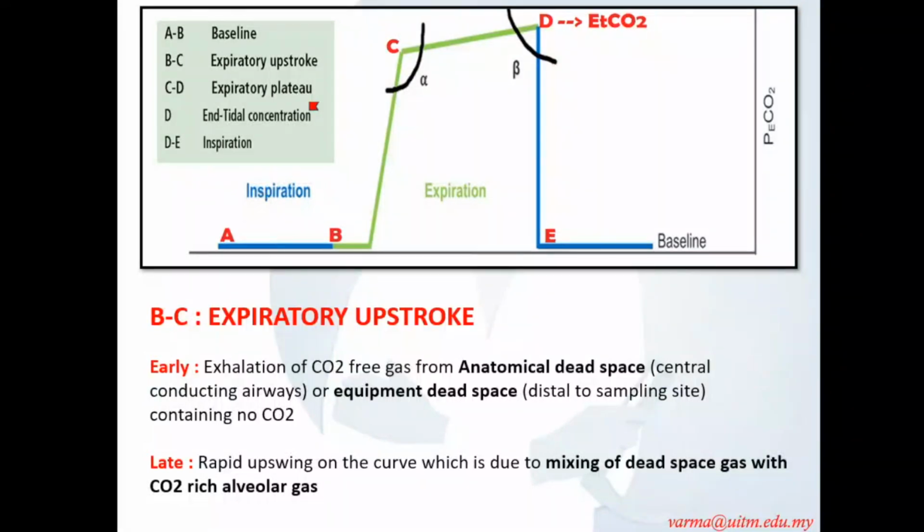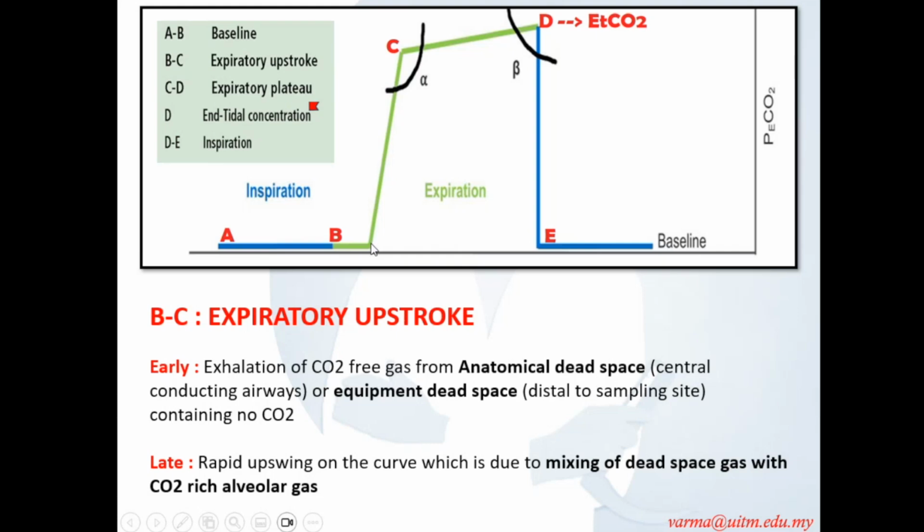From alveoli to pulmonary capillaries, we know carbon dioxide is a very highly soluble gas, so it will immediately gas exchange and blood and alveoli will reach equilibrium. So the gas that initially comes out from your airway, which is bronchus, everything, has limited carbon dioxide. That's why it's a flat line followed by a slow upstroke.